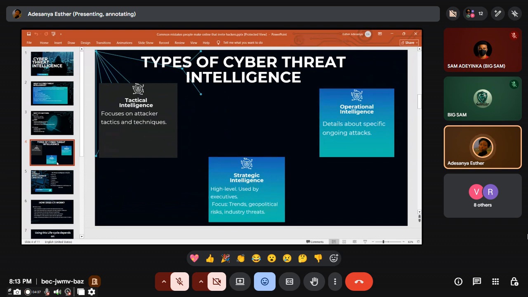And we have three major types of cyber threat intelligence. We have the tactical intelligence and the operational intelligence. Operational intelligence gives a detailed report on how an attack happened and how it is done, who did it, and all.